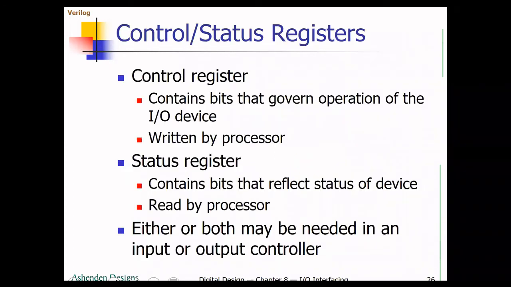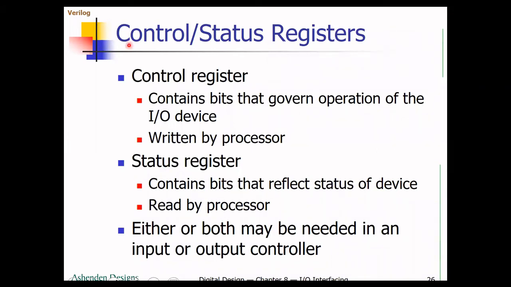Moving to the control word and status word register. The control register contains bits that govern the operation of the IO device, written by the processor. The status word register contains bits that reflect the status of the device, read by the processor.